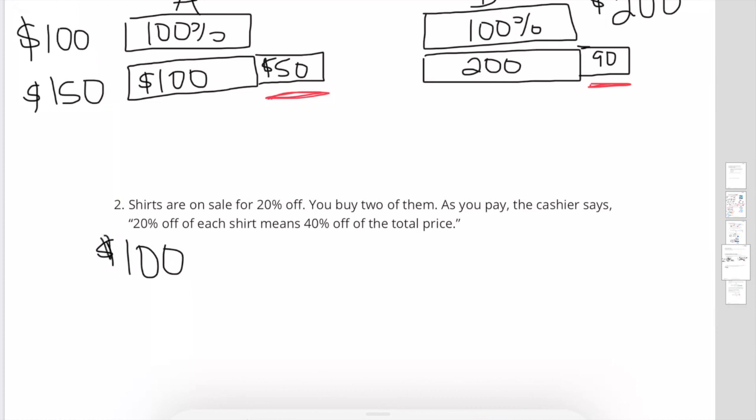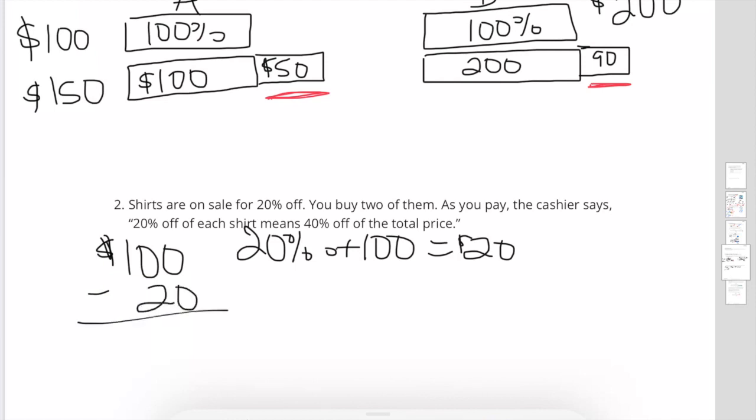So if I get 20% off of each shirt, I'm making 20% off of $100. So 20% of 100 is $20. So for one shirt, I would pay $80.